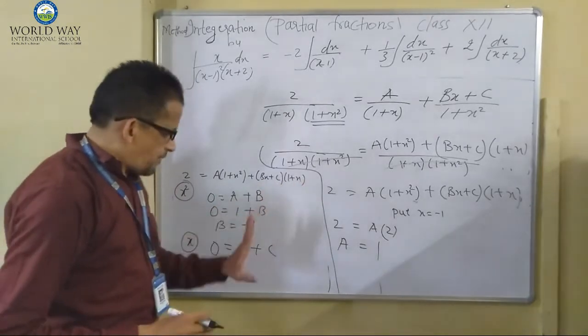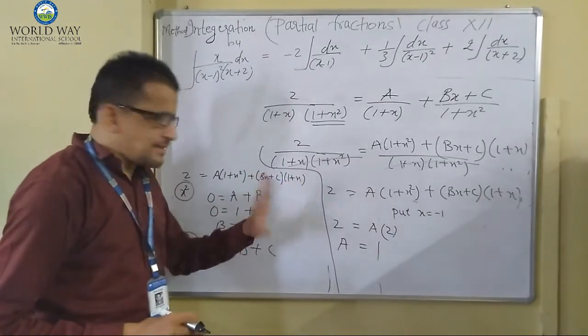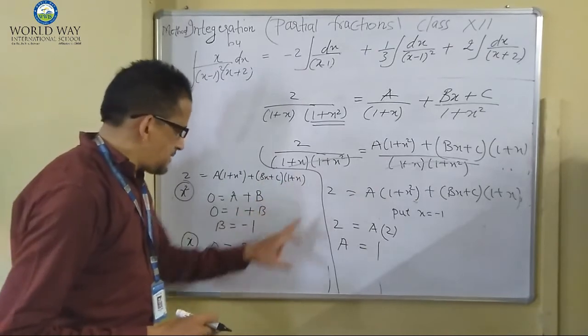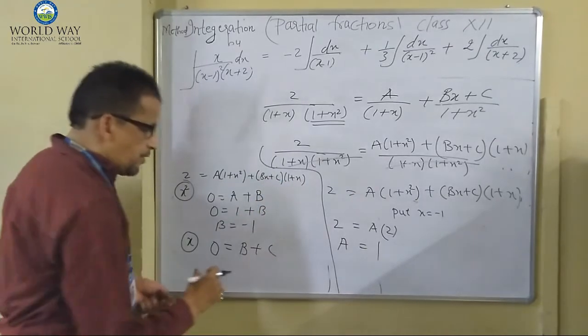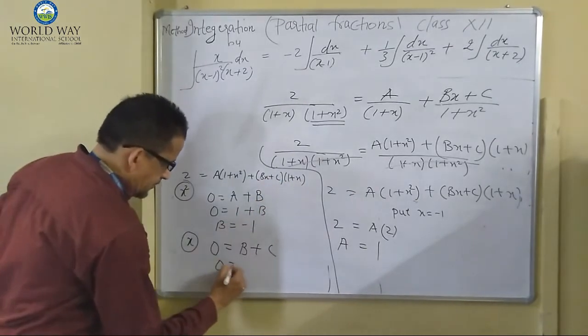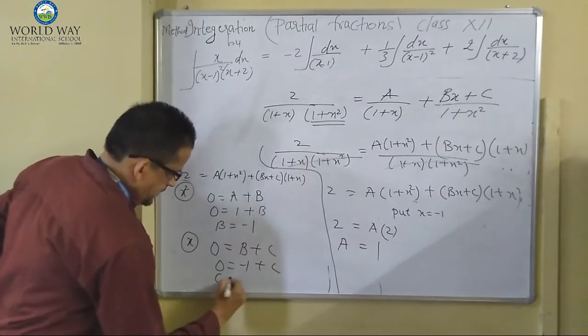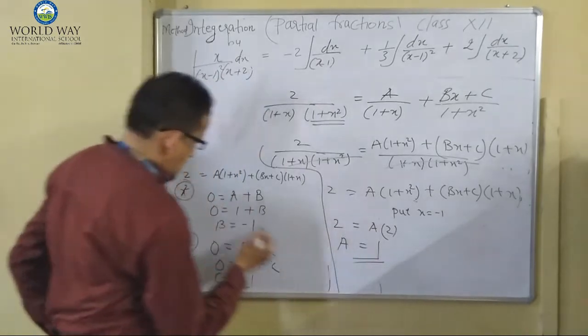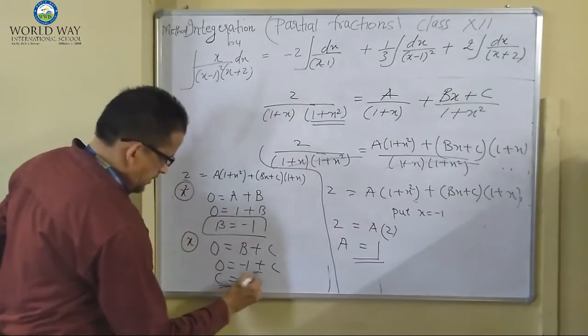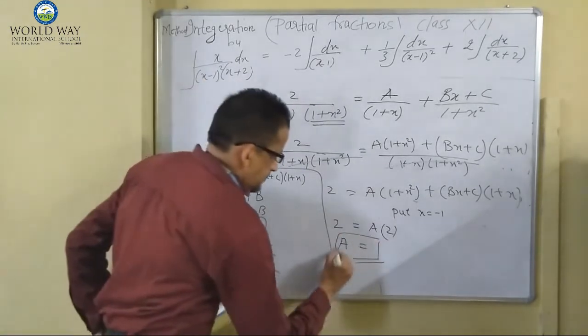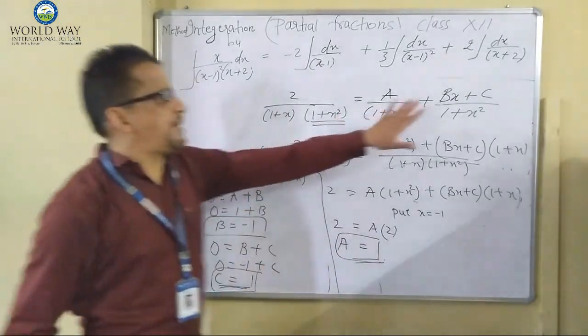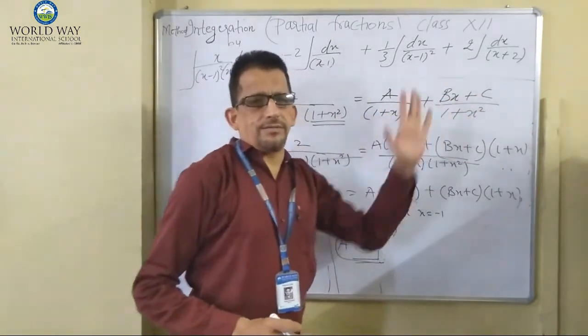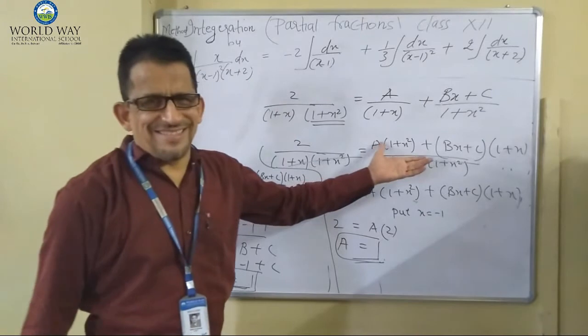Bx into x square, bx square, okay. C into 1, that is c, okay. C into x, that is c, the coefficient of x is c. So put the value of b here, -1, so c is 1. So put the value of c, a and b in the question. Put the value of a, b and c and then integrate it. And you know how to integrate.